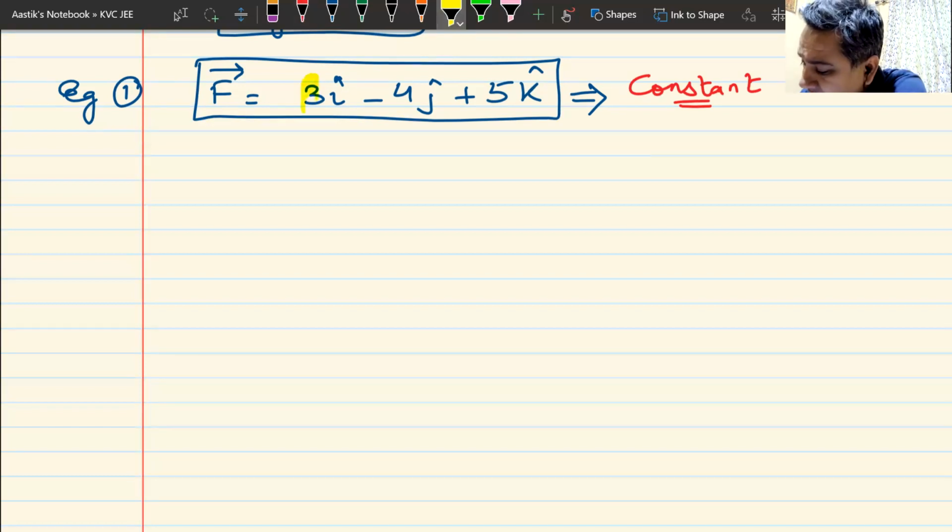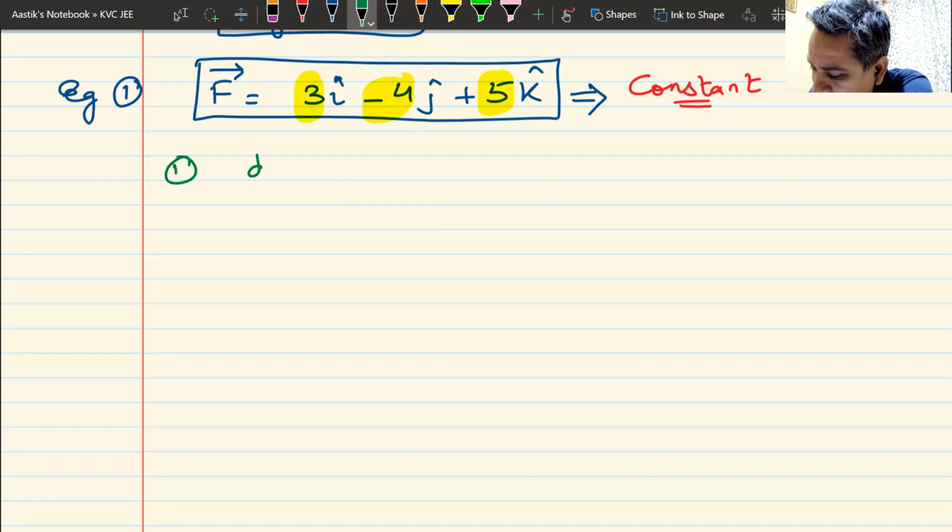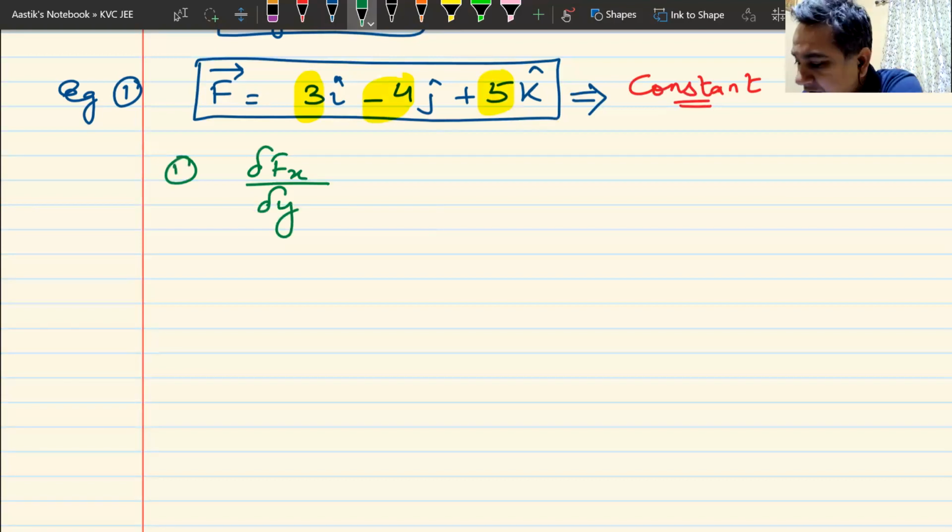Now, if you look at this, 3 is fx, minus 4 is fy, and 5 is fz. I will do the first test. I will find out del of fx by del of y, the partial derivative of x component with respect to y.